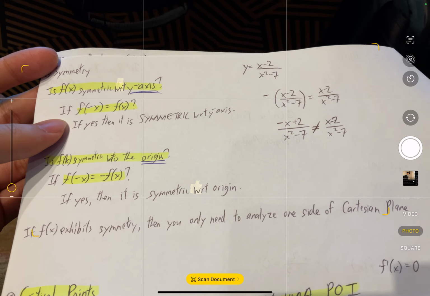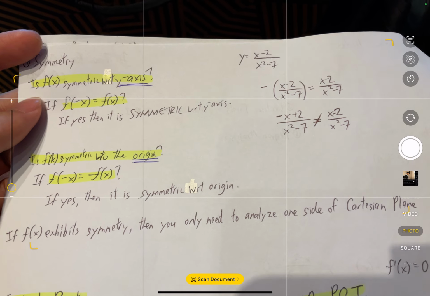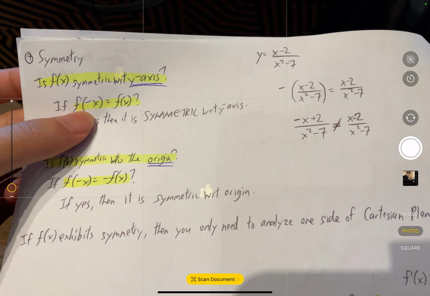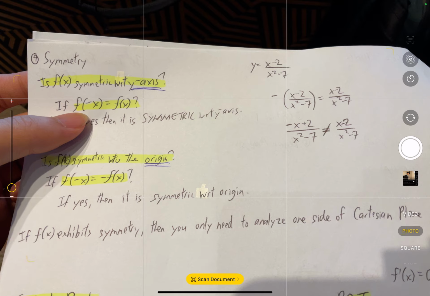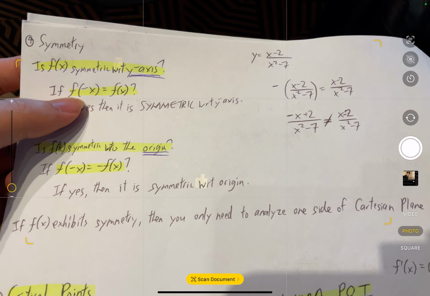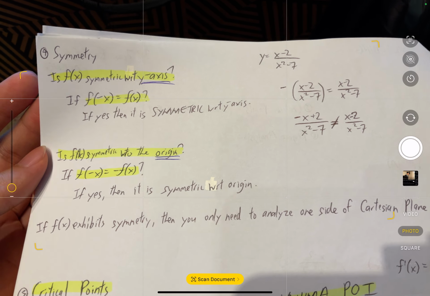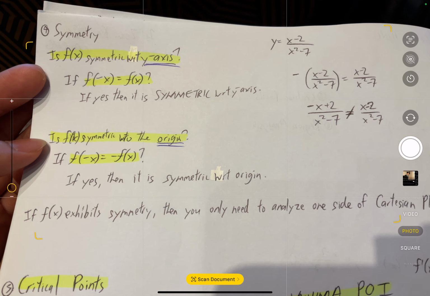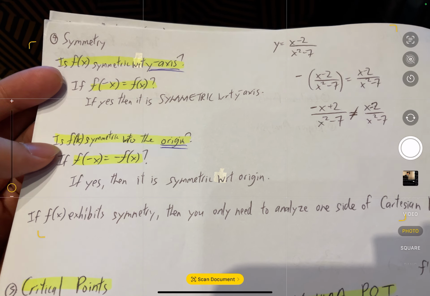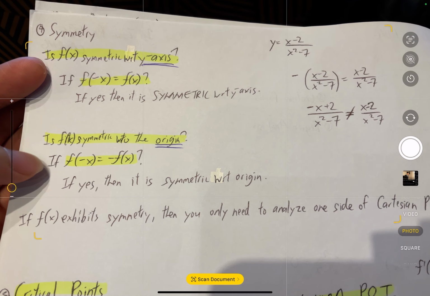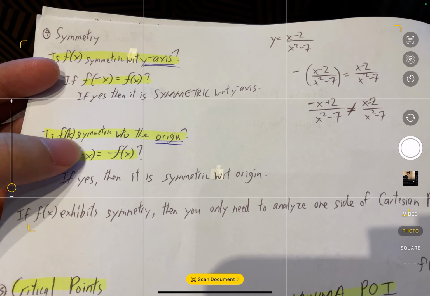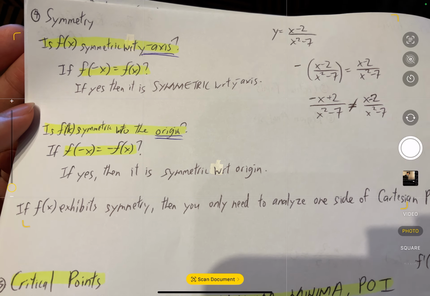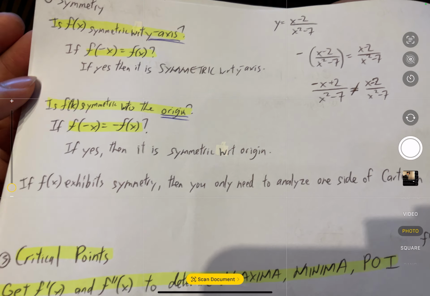In order to identify that, this has to be fulfilled: f of negative x has to be equal to f of x. In a similar vein, if f of x is symmetric with respect to the origin, then f of negative x has to be equal to negative f of x. So that's the theory.